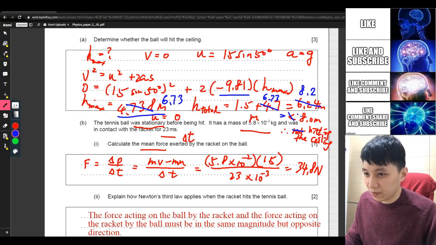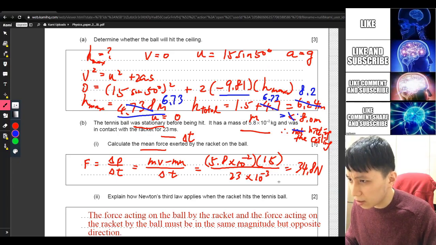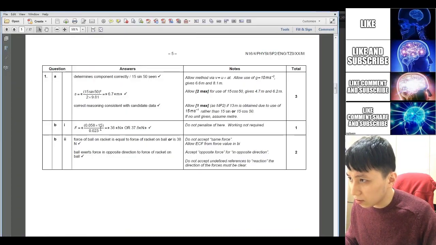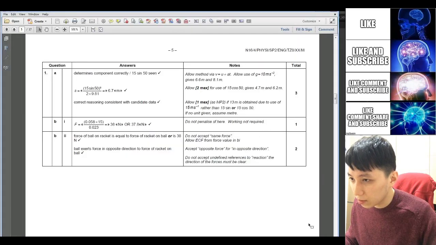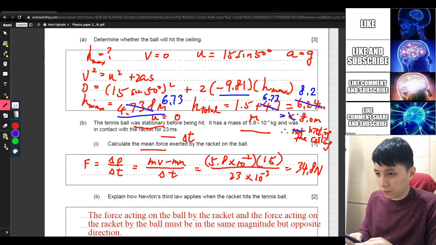Next up, wait a second. Is it because I did that wrong? Or what? 0.15. Wait, why would we get? Oh my god, is there something wrong with my calculator?